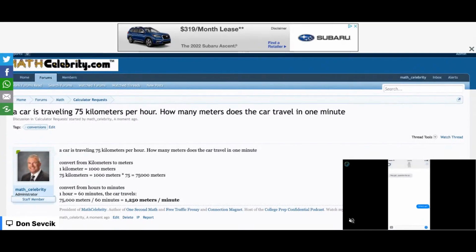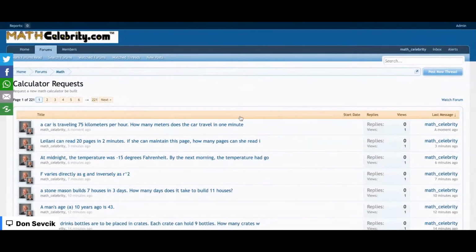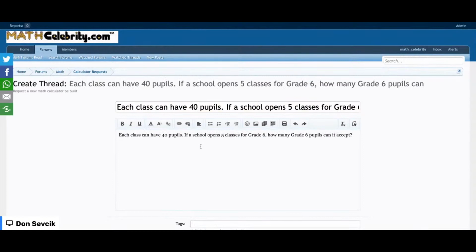All right, let's go to this one. Each class can have 40 pupils. If a school opens 5 classes for grade 6, how many grade 6 pupils can it accept? Grade 6 pupils equal pupils per class times number of classes.